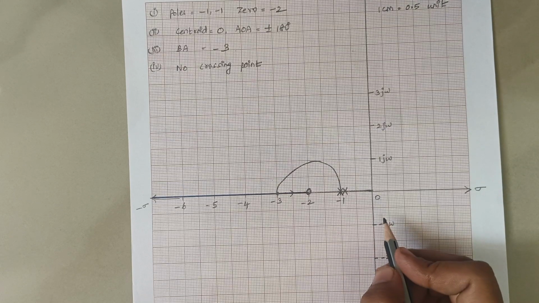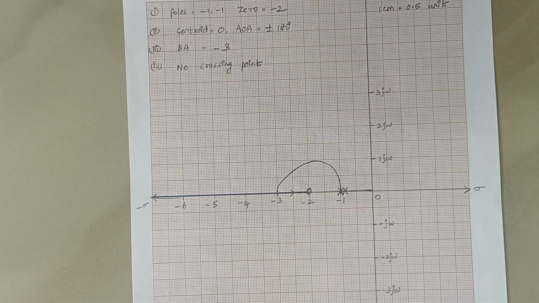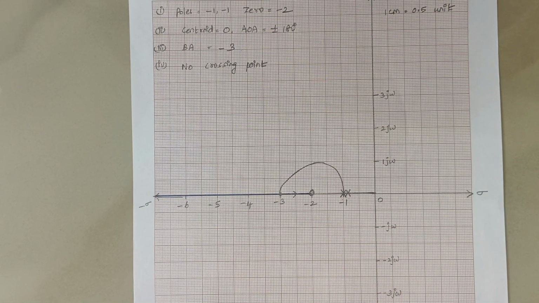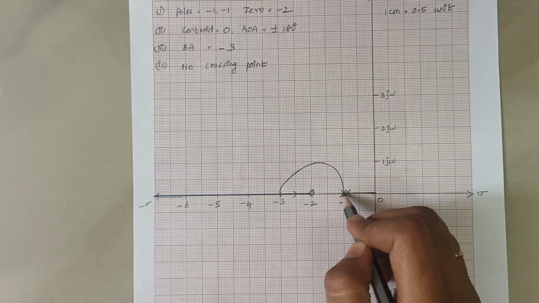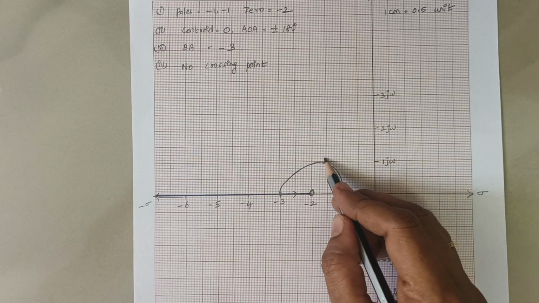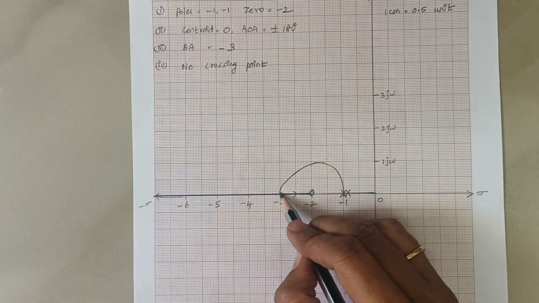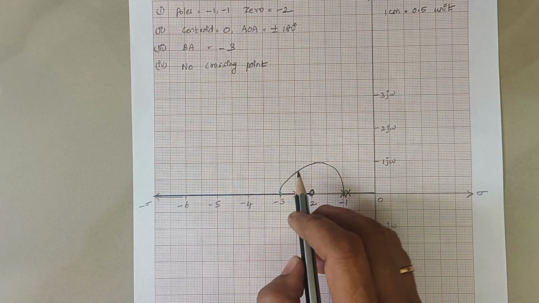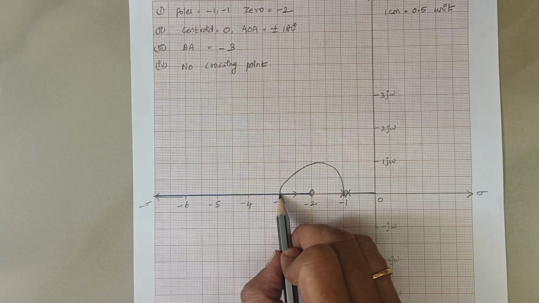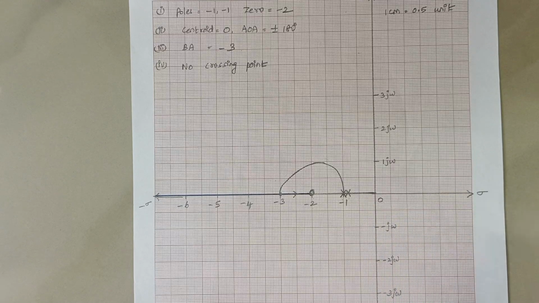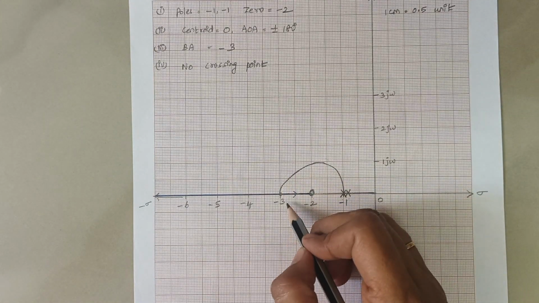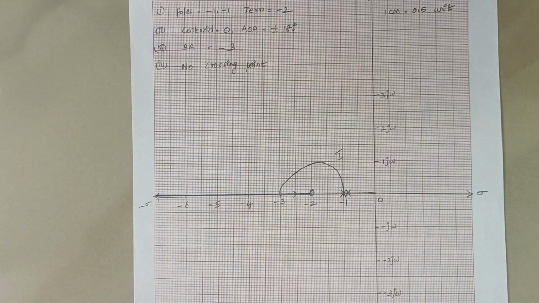Am I making the concept clear? A root locus branch will always start at a pole and end at a zero. So this branch starts here, travels, reaches the breakaway point, breaks, and this part of the branch ends at this zero. Let this be our branch number 1.